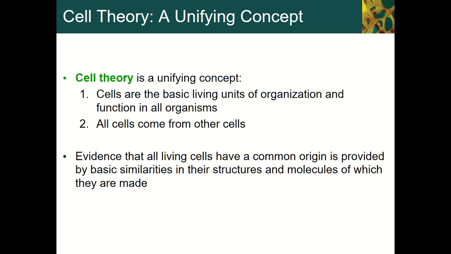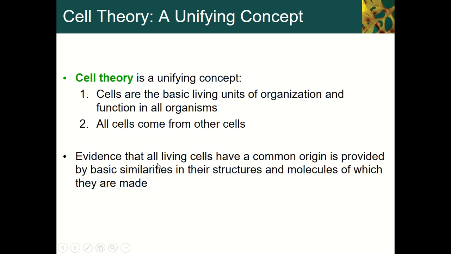So, we also have to know about the cell theory. Cell theory states that cells are the basic living units of organization and function in all organisms. The cell theory also states that all cells come from other cells.